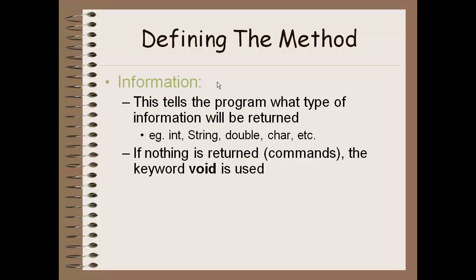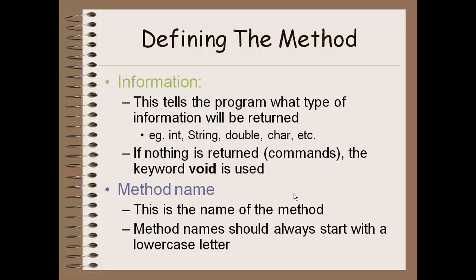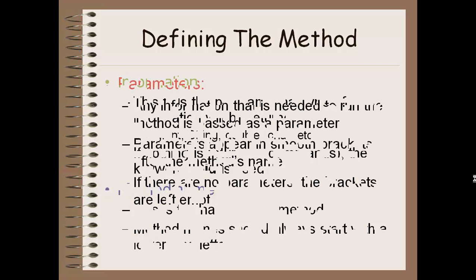Information. This tells the program what type of information is going to be returned. So I could say it's going to return an integer, a string, a double, or whatever type of information it's going to return. But again, because we are currently going to just use commands, we're going to use the keyword void, saying that we're not returning any information. The name of the method, and again, should always start with a lowercase letter, just like all of our variable names do, and it needs to be unique within the program itself.